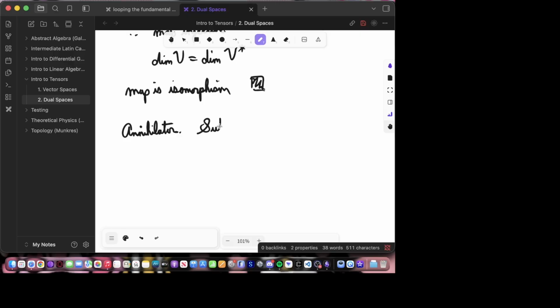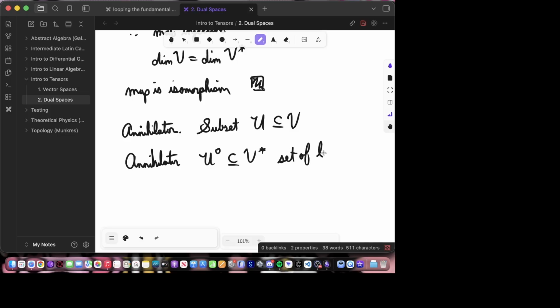So suppose we have a subset U subset of V. The annihilator, which is U naught, which is a subset of the dual space, is the set of linear functionals phi such that phi of u equals 0 for all u in U.